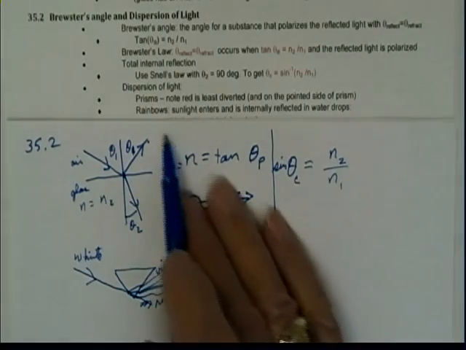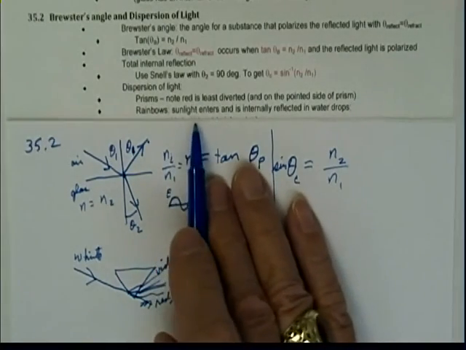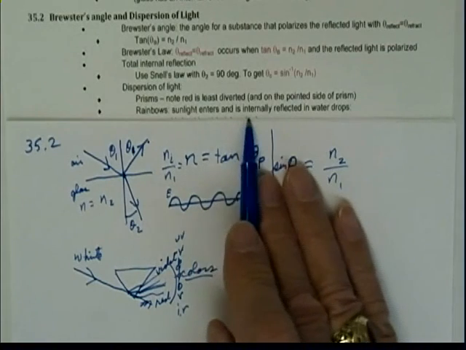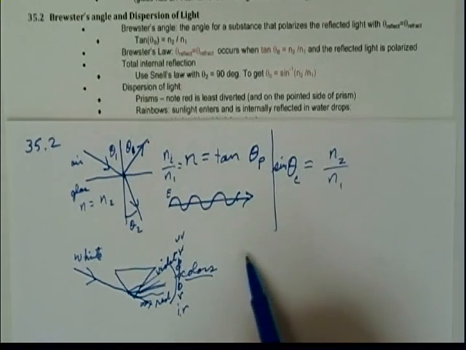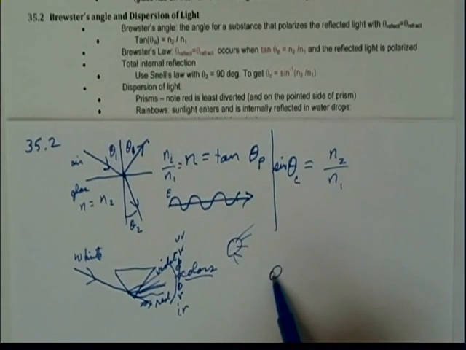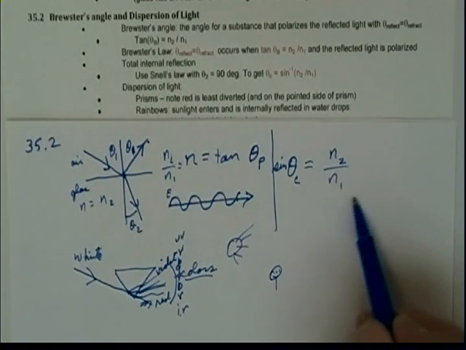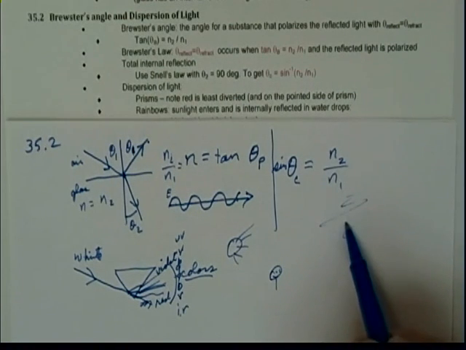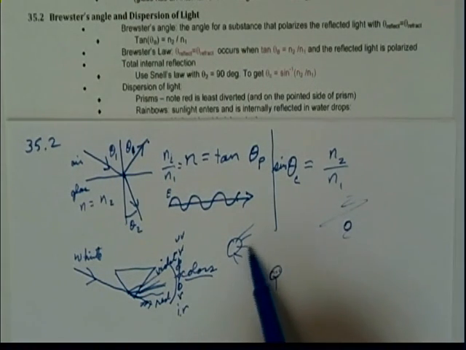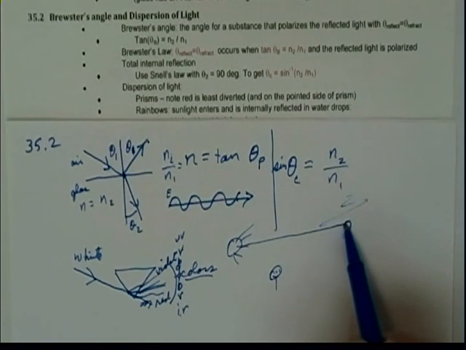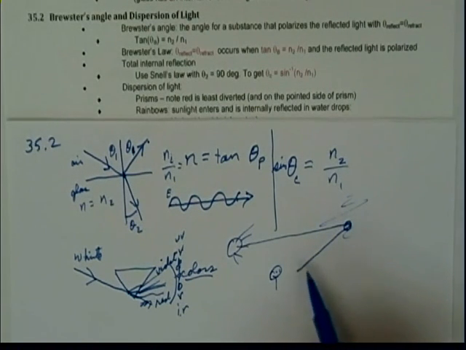Rainbows themselves come from the fact that sunlight enters and is internally reflected in water droplets. So we'll have a sun back here, and a person standing here looking at moisture in the sky, and you'll have a drop of water, and the sunlight will go into there and reflect back to the person.